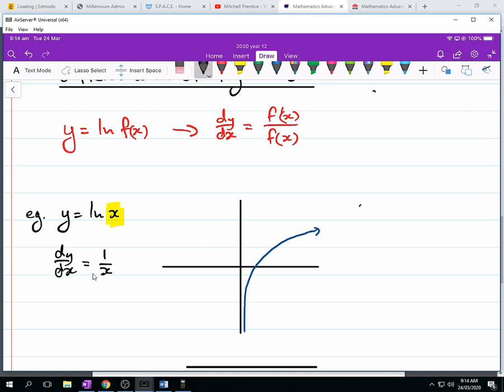So it does make sense. So if you were half across, because this is at 1, if you were half across, then the gradient at that point is 2. It's got a slope of 2, and that makes sense.